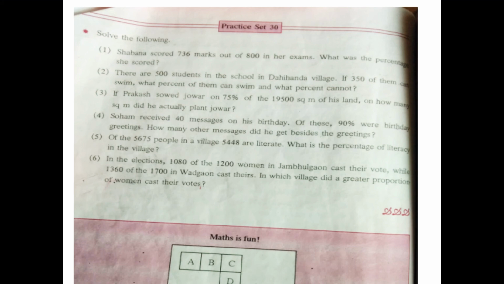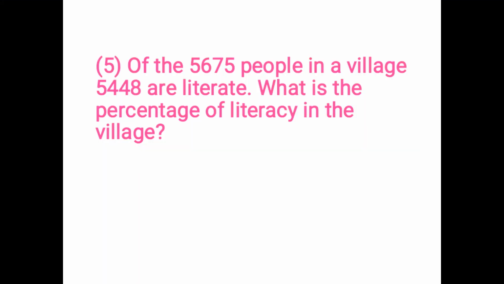Next, of the 5,675 people in a village, 5,448 are literate. What is the percentage of literacy in the village? Okay, "of the" means out of 5,675 people in the village, how many are literate here? 5,448.